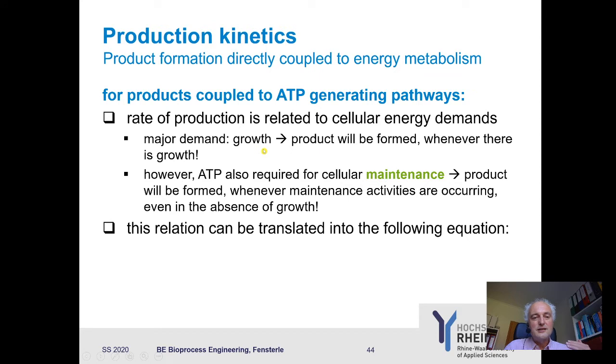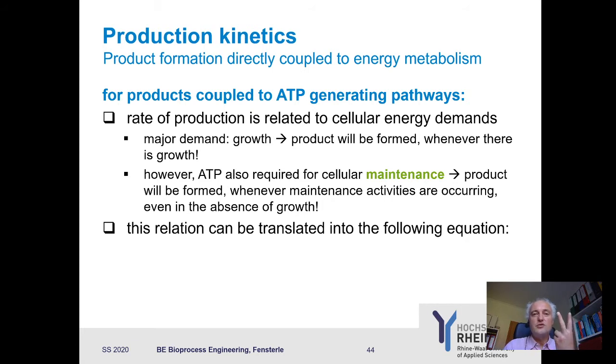Now, if we look at a product which is coupled to ATP generating pathways, the rate of the product formation is related to cellular energy demands. So now this means I produce energy, I produce the product. Now I have to think of, for what do you produce the energy?